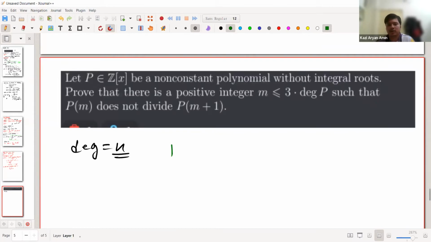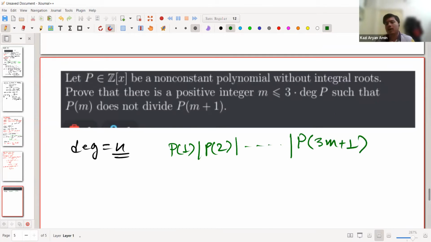If the problem statement were false, you would have P(1) divides, P(2) divides, and so on up till P(3n+1). Yeah, up till P(3n+1), right? Oh yeah, sorry.